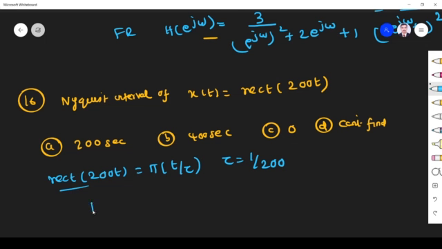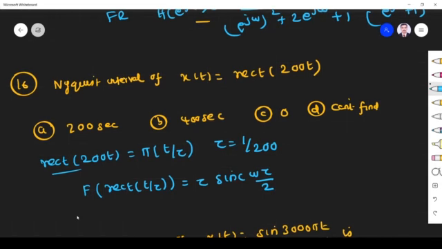So first I take the Fourier transform. Why do I take the Fourier transform? If I take the Fourier transform directly, I can find the frequency. The Fourier transform of rectangular t by tau is tau into sinc of omega tau by 2, right?